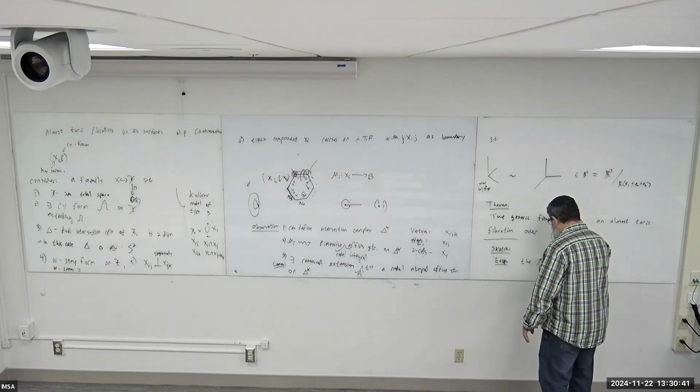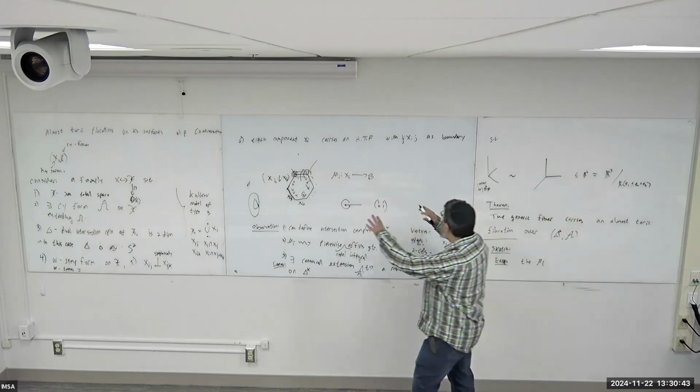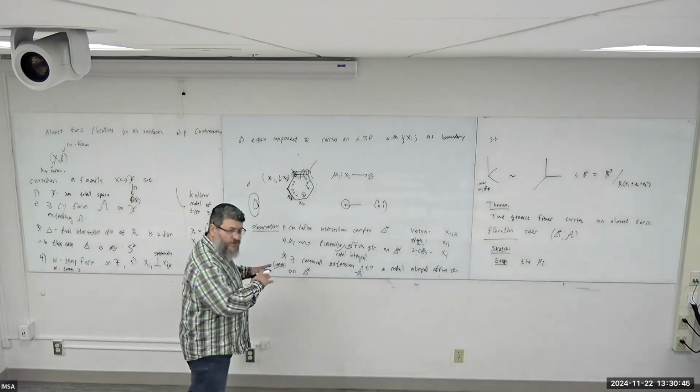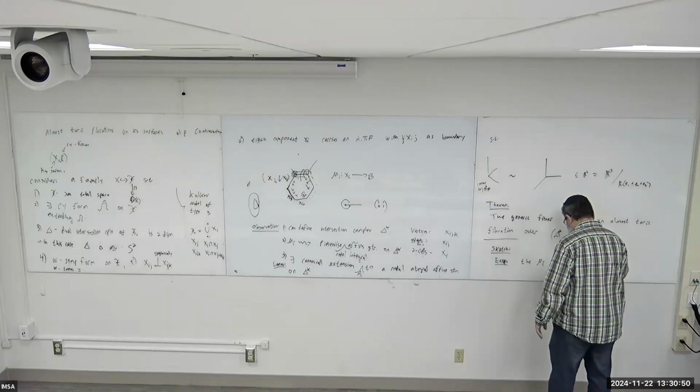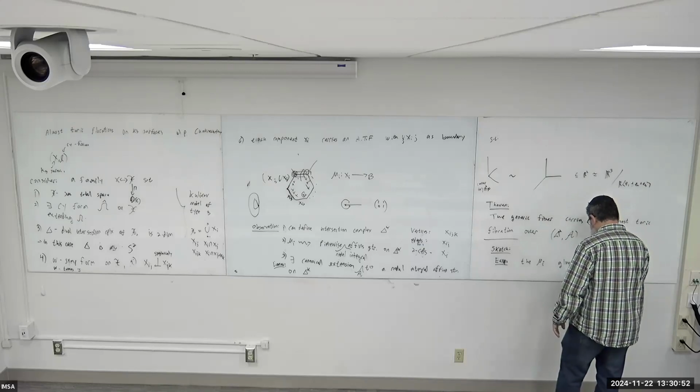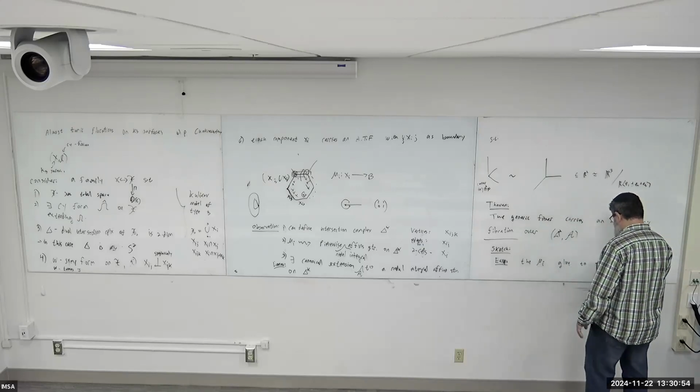The mu_i, which are a priori defined in each X_i separately, glue to a map mu.